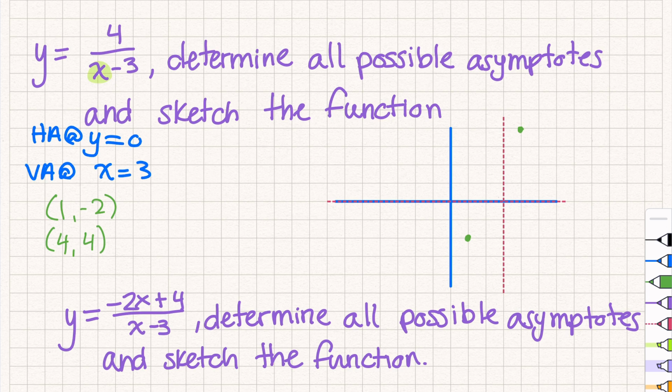You can check other points as well to help you. And as you sub in other points, you're going to get something like this for your curve. Somewhat like this for your curve.